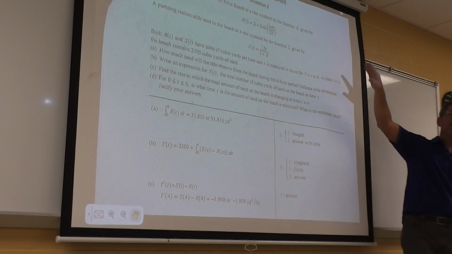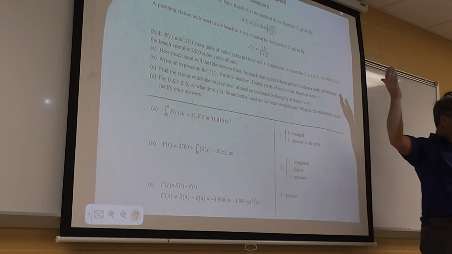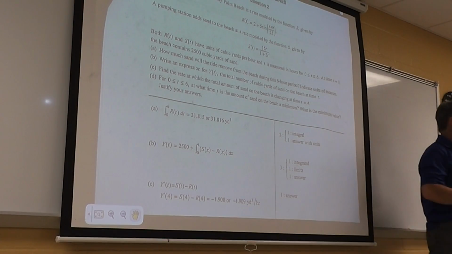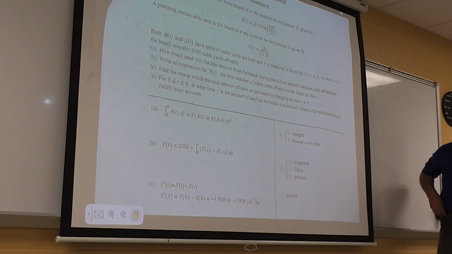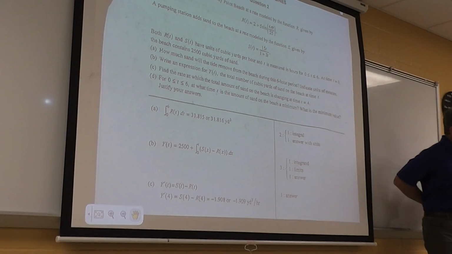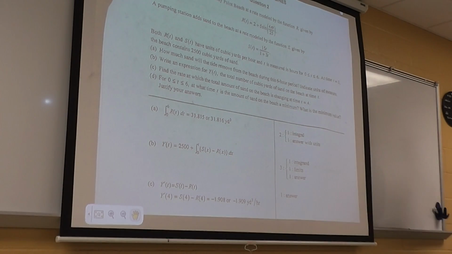So the integral of R would be the amount of sand, and the derivative, which is R, is going to be the rate at which sand is removed. All right? And a pumping station adds sand to the beach at a rate modeled by S. So that's how much sand is being blown or pumped back onto the beach.